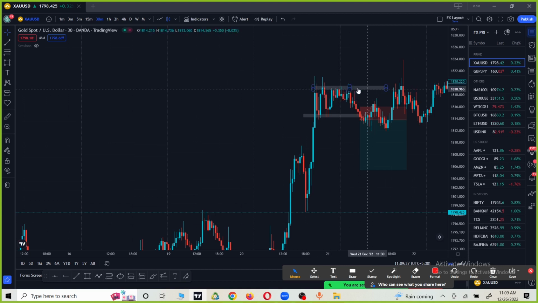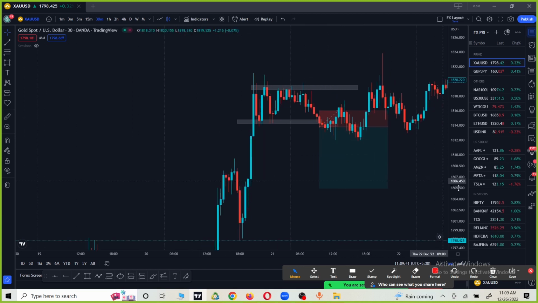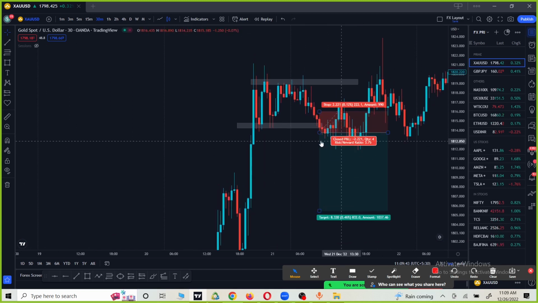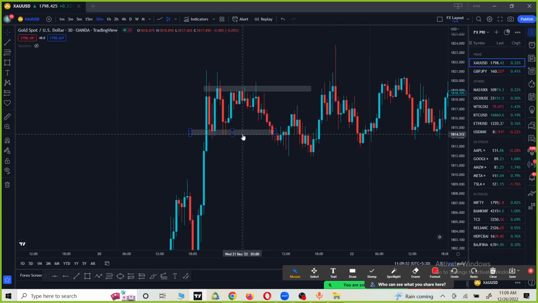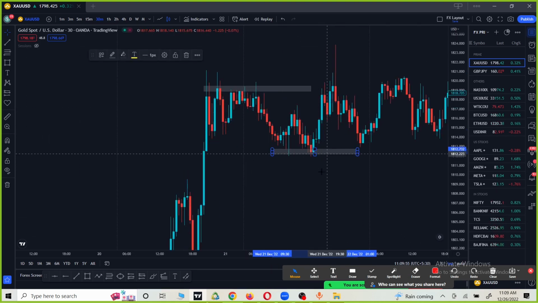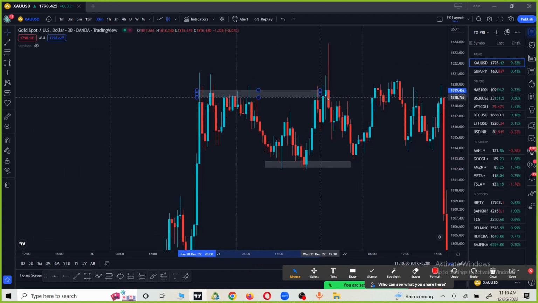So if we get a break and close in this direction, that's going to give us a higher winning rate. Anyways, once we closed below this area, we just entered the trade with a stop loss above this, and as you can see, we just hit the stop loss, so it's not working in our favor as we wanted. Anyways, what we did, we moved our support right here and resistance right there.